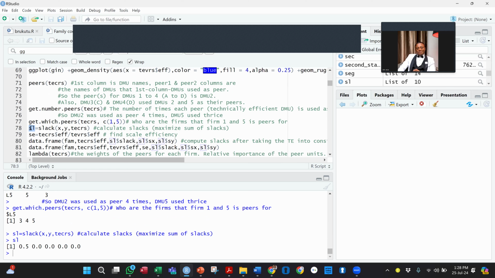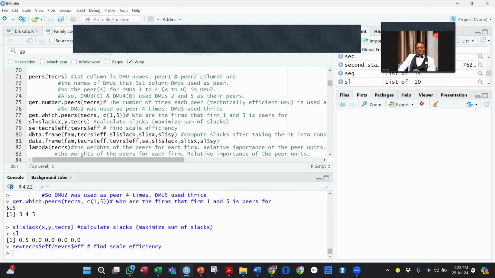You can also calculate the scale efficiency, which is SE. I already told you that the overall technical efficiency divided by the pure technical efficiency equals the scale efficiency. Just note that down. The overall TE divided by the pure TE will give you the SE, the scale efficiency.